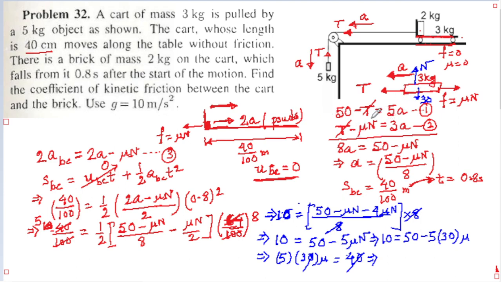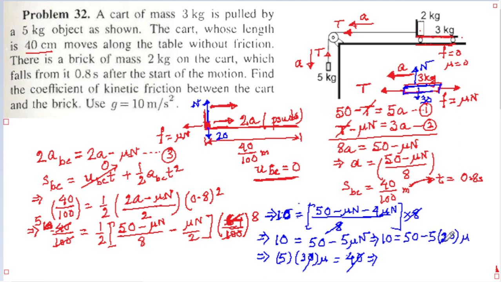Now this n is not due to the weight of the cart, but due to the weight of the brick, because we are only considering the motion of the brick. So here the weight of the brick is equal to 20, and the normal reaction acts in the upward direction, balancing 20.